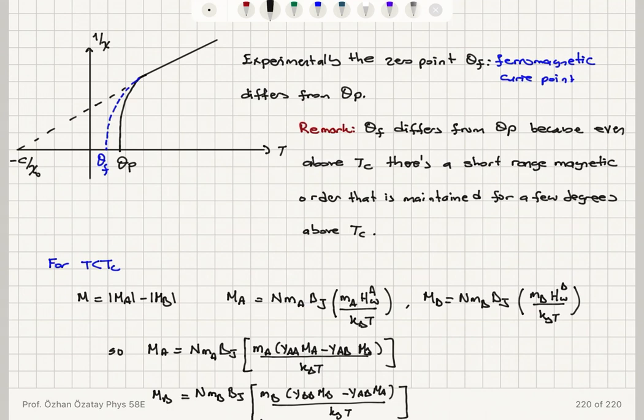So these are two coupled equations, which must be solved numerically.